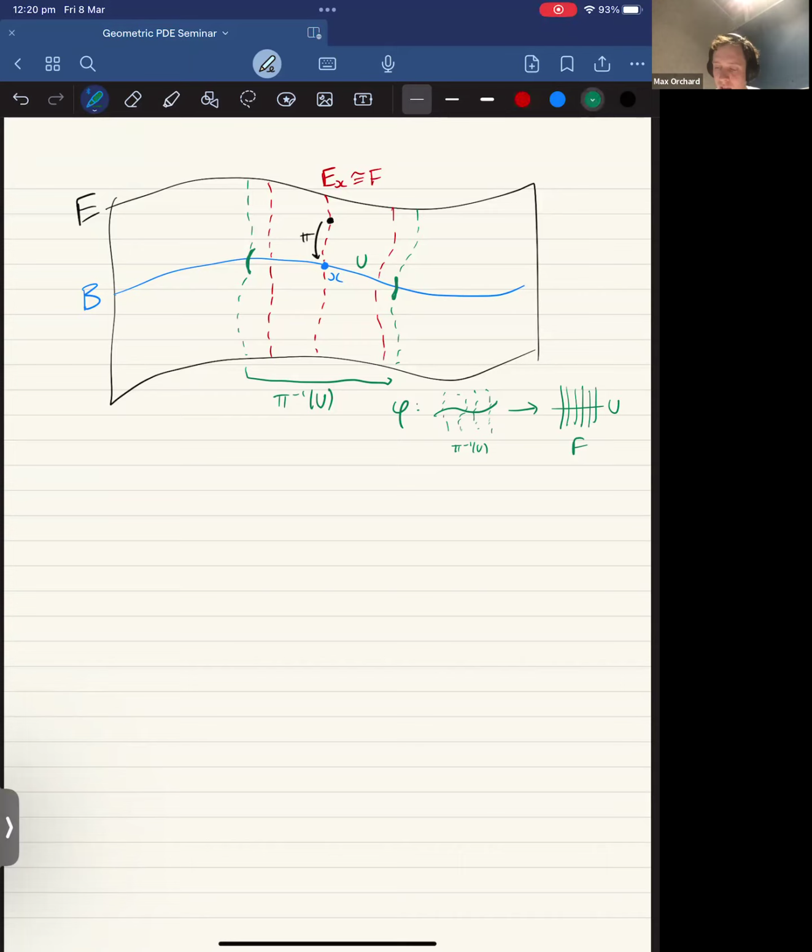Okay, so I'll go through some examples now. First example I want to go over is probably the most simple one. Fiber bundles have to locally look like a product, but what if globally we're a product?